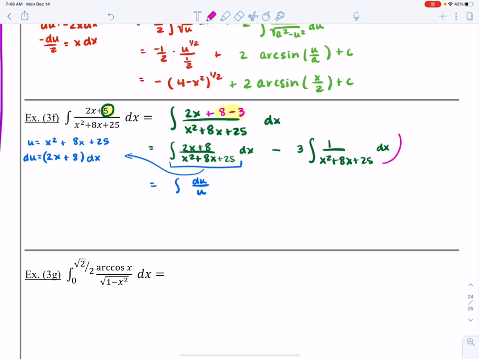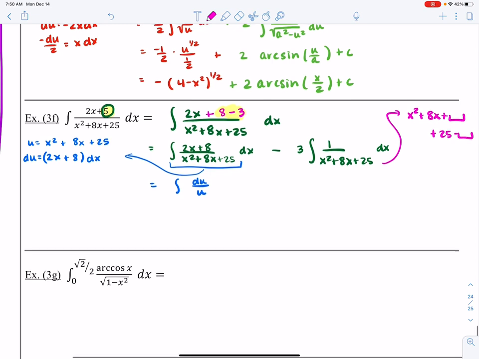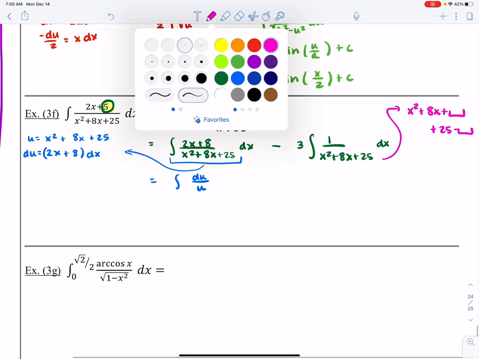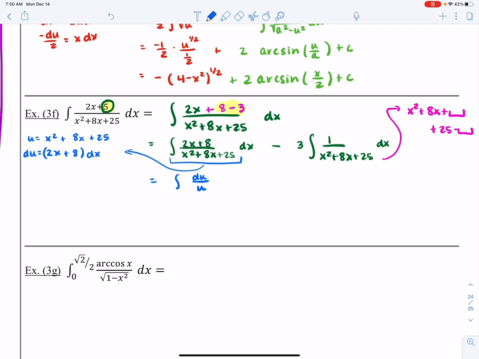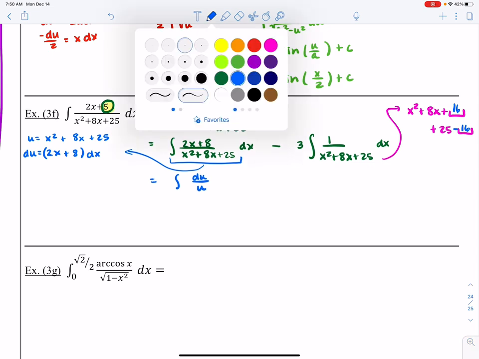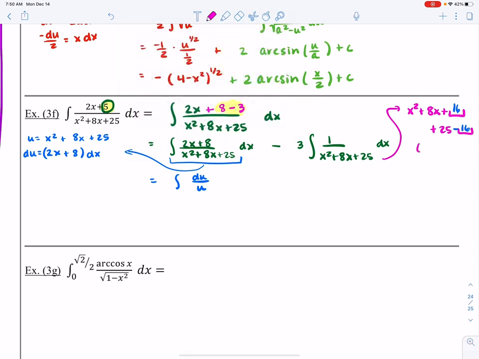So we're going to go over here and take that x squared plus 8x. We'll bring a new number to the party, plus 25. 8 cut in half would be 4, and 4 squared would be 16. So I'm going to put a positive 16 here and a negative 16 here, which if I factor that, will become x plus 4 squared, and 25 minus 16 will give me 9.